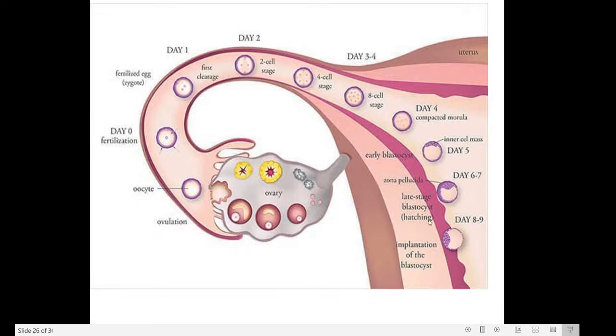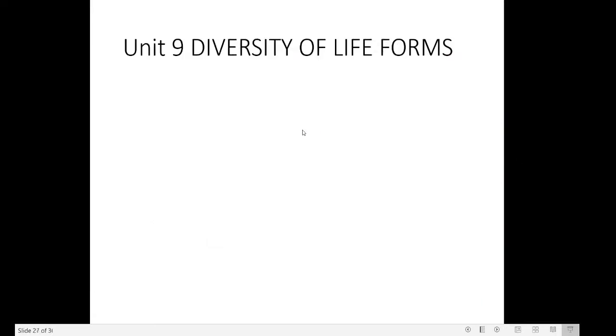The late stage blastocyst is hatching and finds a place, and on day 8 and 9 the blastocyst implants. These are the step-by-step processes after ovulation.